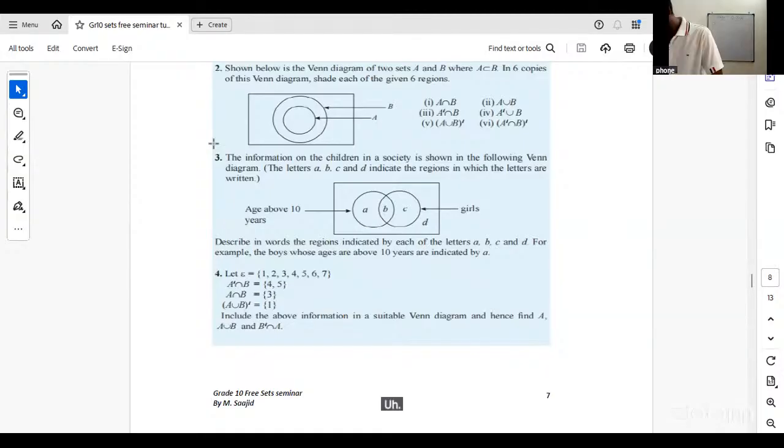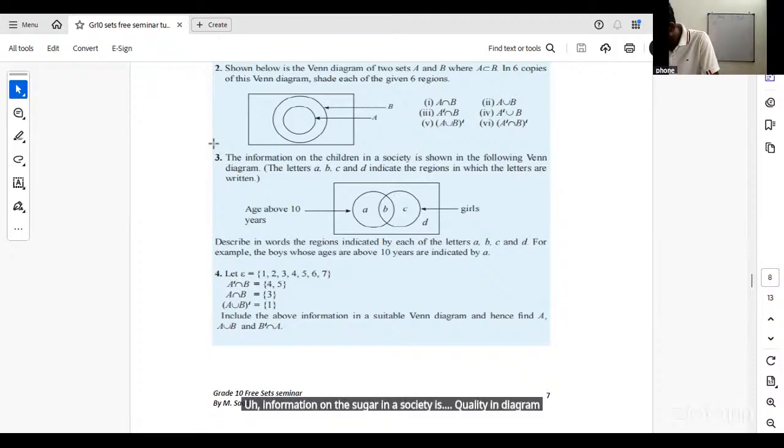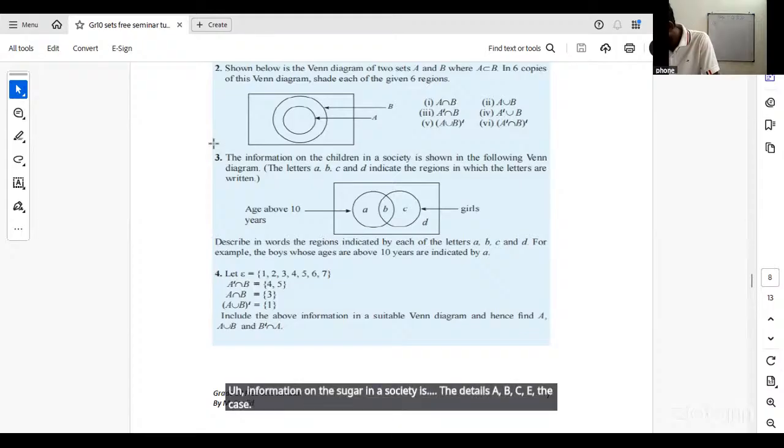Information of the children in a society is shown by the following diagram. The letters A, B, C, D indicate regions.